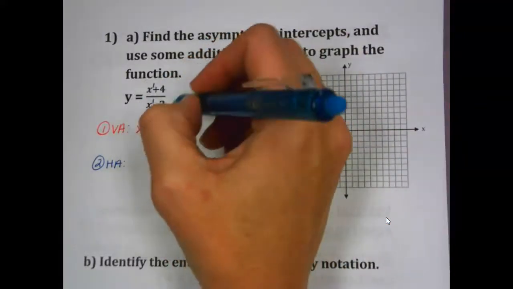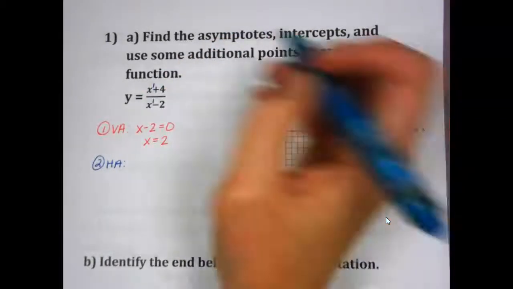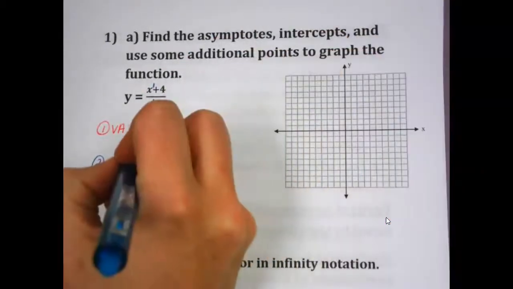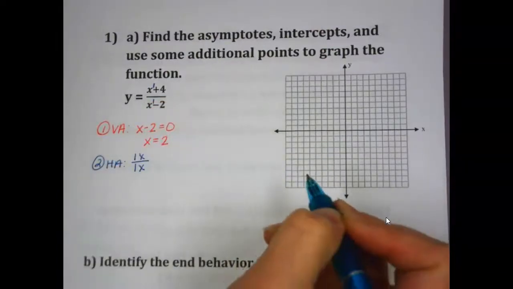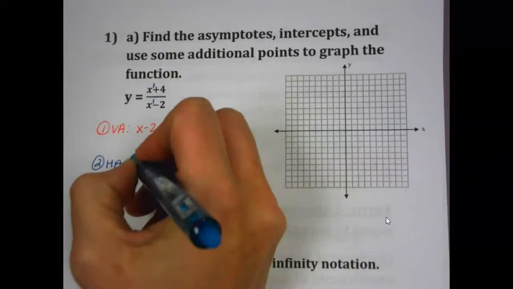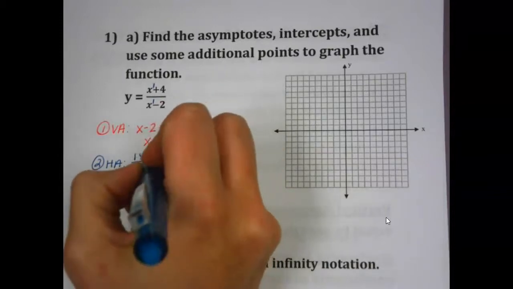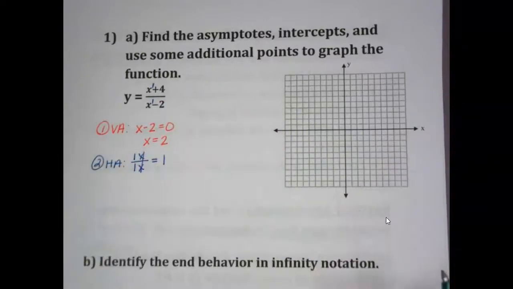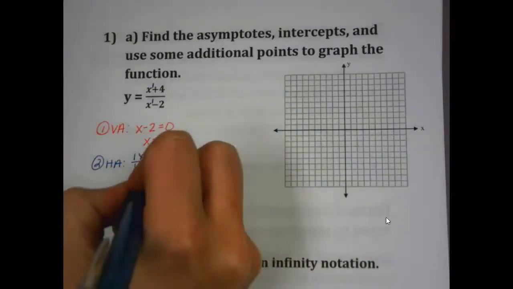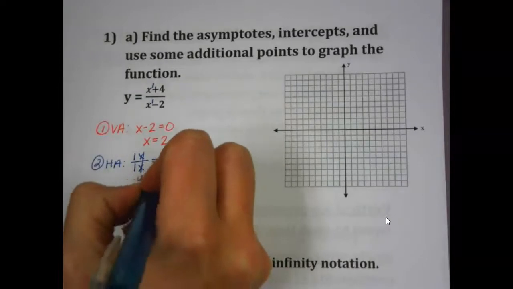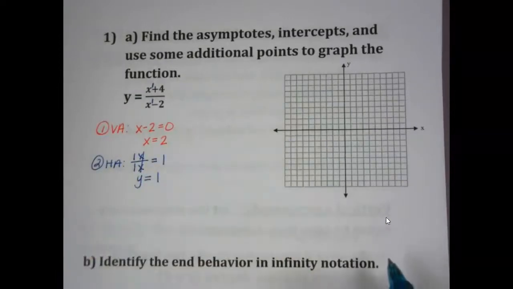So x to the first is the largest degree anywhere, and we're going to take the coefficients of those. So we have 1x divided by 1x, essentially. Those x's divide out, and 1 divided by 1 is 1. And a horizontal asymptote will always be the equation y equals, so we would say y equals 1.